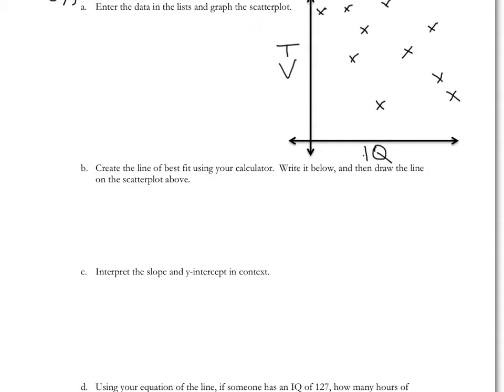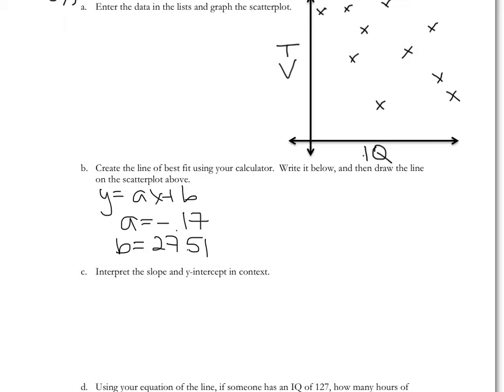Let's copy what we see on our calculator. We see Y equals AX plus B. We know that A is negative 0.17, we're going to round to the hundredths place, and B is 27.51. We're not going to use the letters Y and X because we have an application problem here. So I'm going to replace them with variables that I actually used.